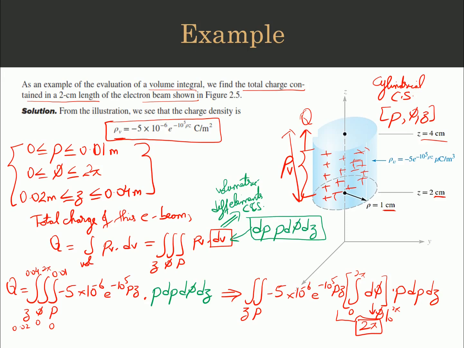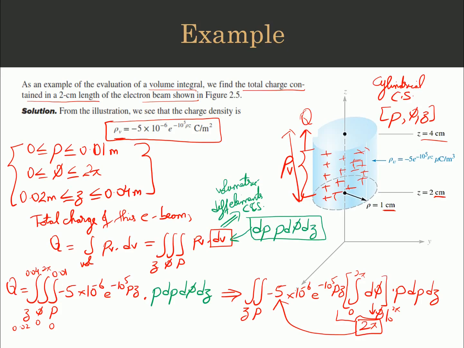Now I can simplify by multiplying 2 pi with minus 5. So the total charge we are finding comes out to be minus 10 pi into 10 raised to power minus 6. I have taken the constant outside, and the next integral gets multiplied over here.